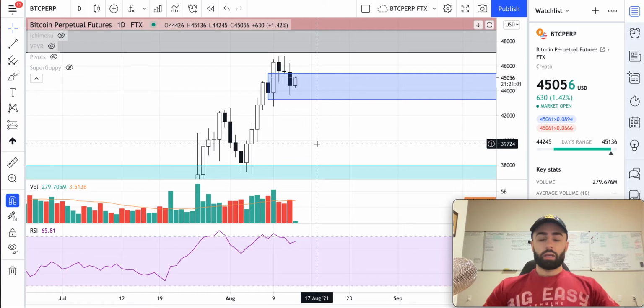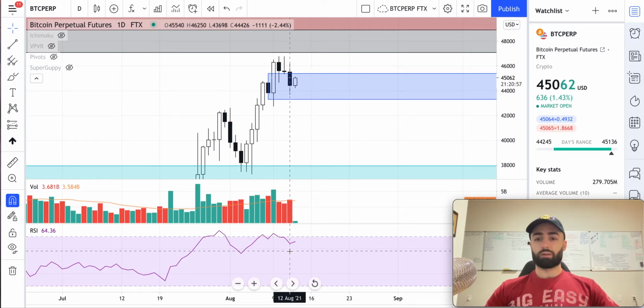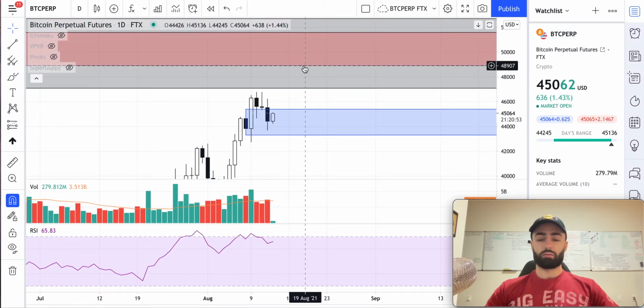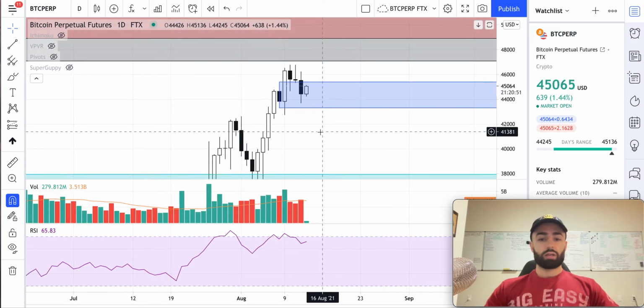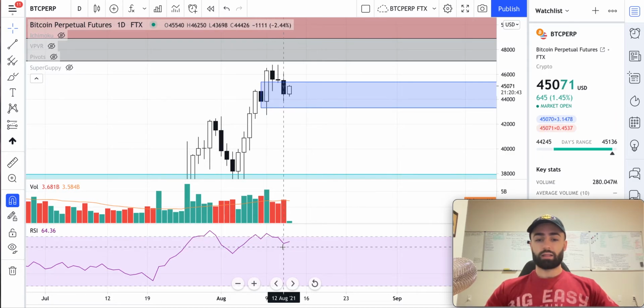And the other thing is the potential for a hidden bullish divergence on the daily time frame that could end up propelling us up to that red resistance level. And that is right here with these two lows. If you look at this low, this is at 67.97, and this low is at 64.36.